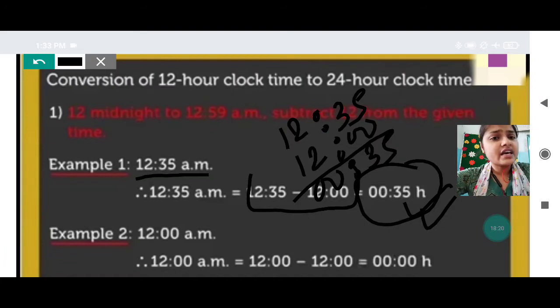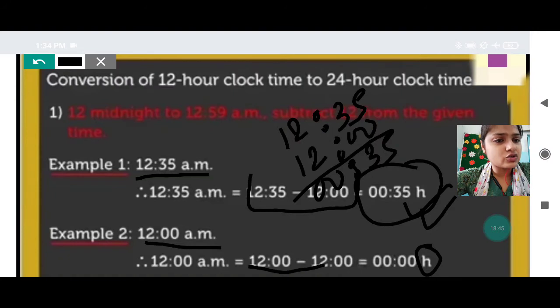In the same way, if 12 am is written, then again you will subtract 12 from that and you will get 0000 hours. When you see the digital clock at midnight, it used to show 00. It is not written as 12 there. Why?